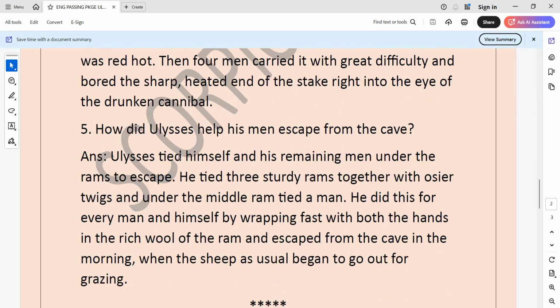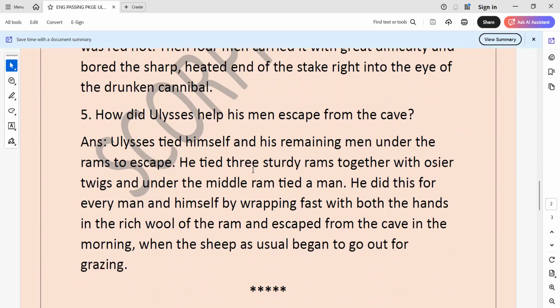Next, how did Ulysses help his men escape from the cave? Answer, Ulysses tied himself and his remaining men under the rams to escape. He tied 3 sturdy rams together with osier twigs, and under the middle ram tied a man.